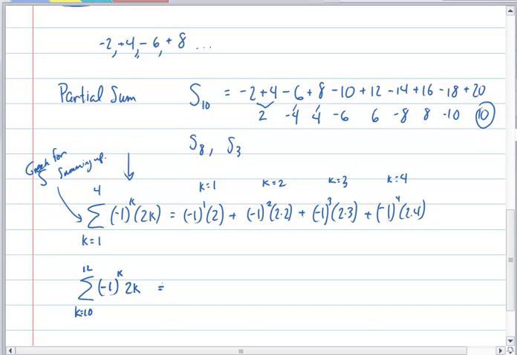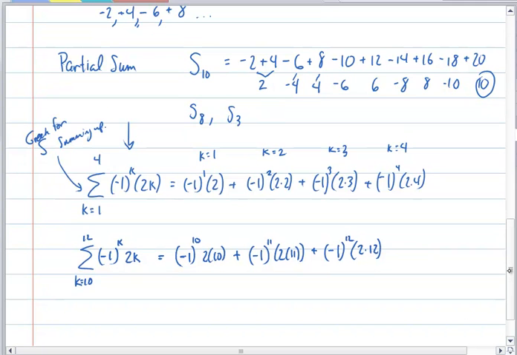So this summation would look like -1 to the 10th times 2 times 10, plus -1 to the 11th times 2 times 11, plus, and hopefully by this point you're thinking this isn't really so bad. This is just at times a bit tedious, but with this type of problem it's better to write everything out at first and then compute what the different values are.